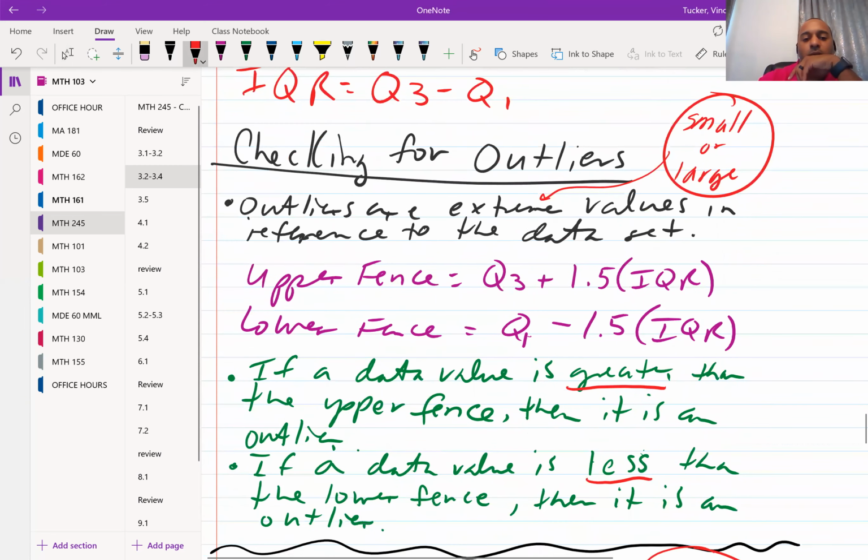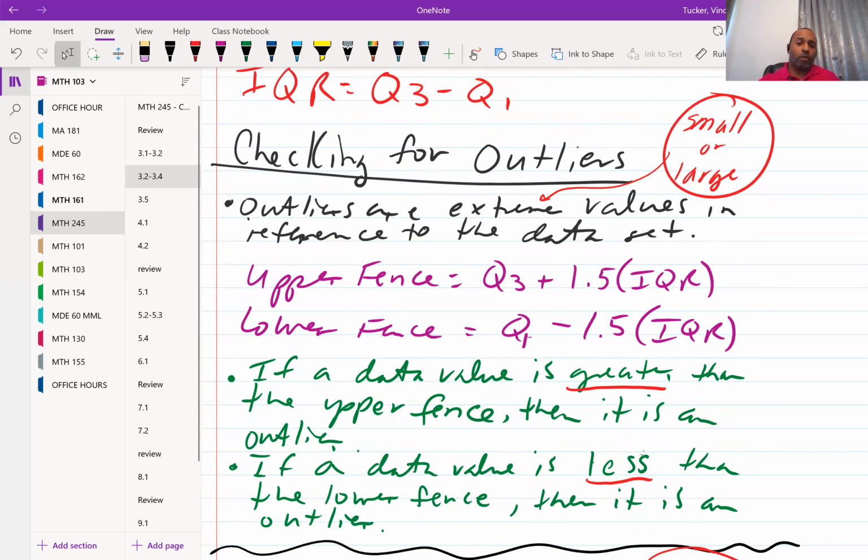So the reason for these fences: if a data value is greater than the upper fence, it is an outlier. If a data value is less than the lower fence, it is an outlier.